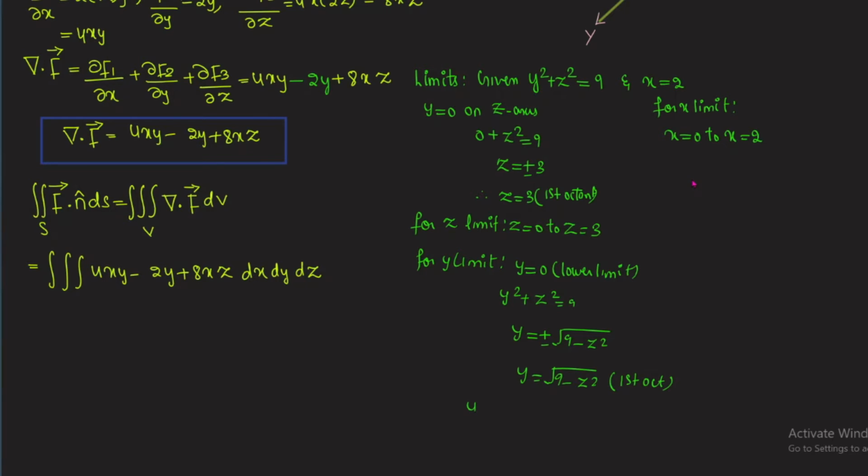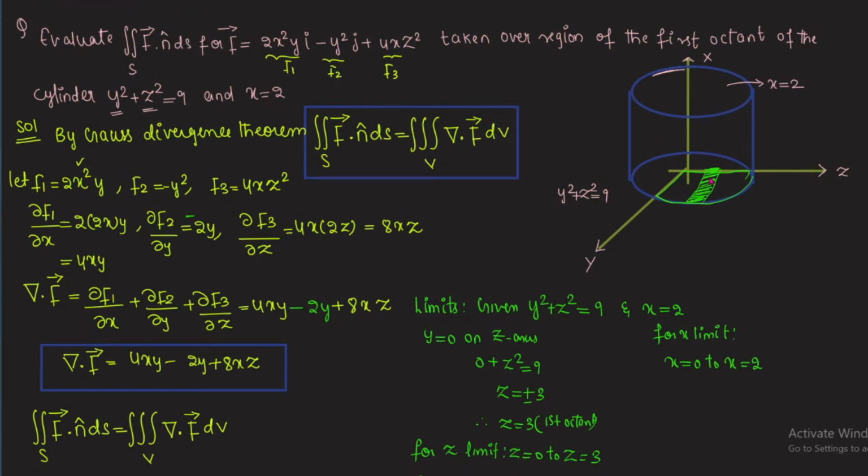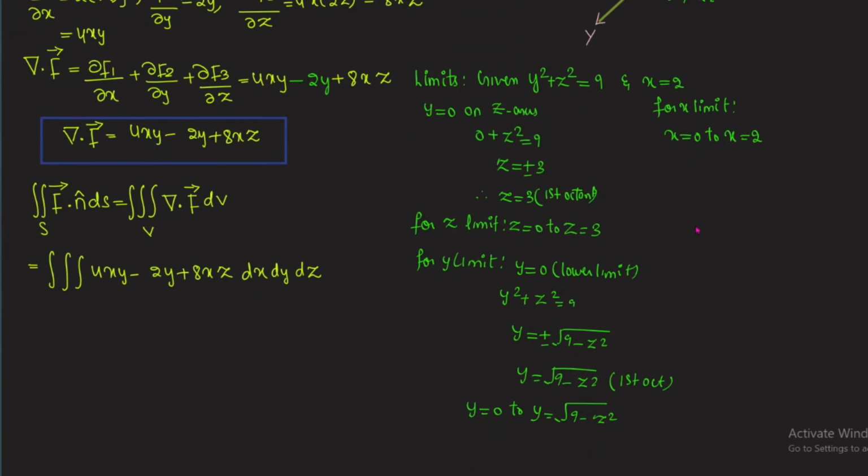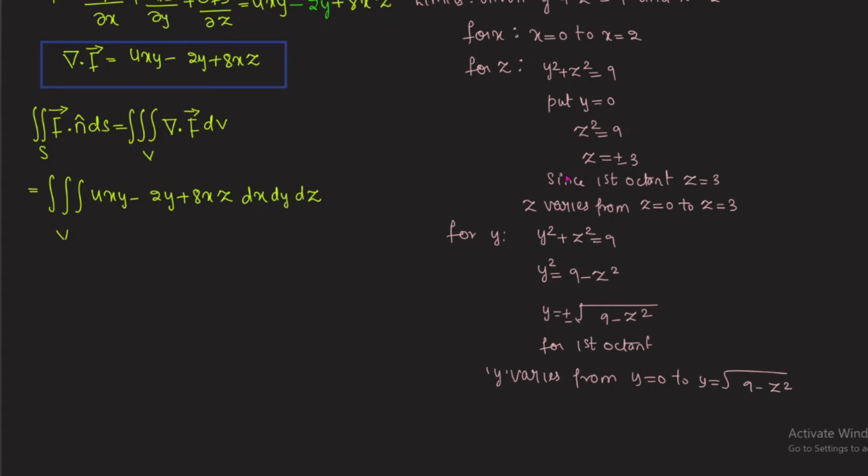So we got y equal to 0 to y equal to root of 9 minus z squared as the limit. That is, this strip goes from y equal to 0 to y equal to root of 9 minus z squared, and the strip moves along the z axis from z equal to 0 to z equal to 3. Now we got the limits. Now let us substitute here.